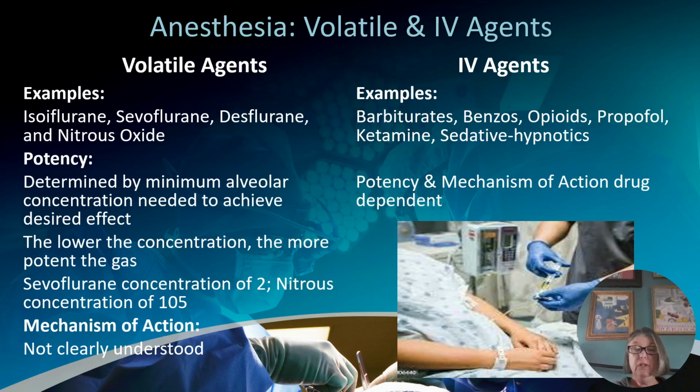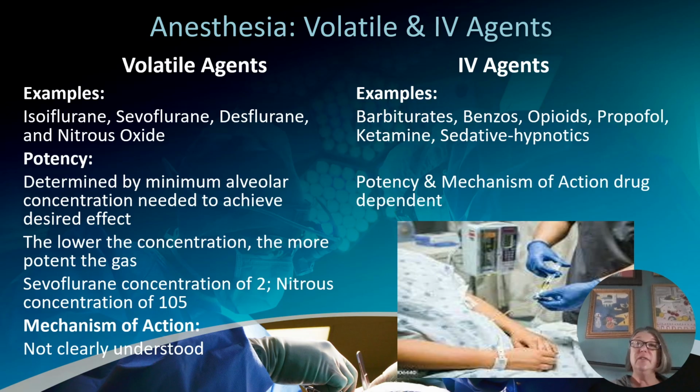What's interesting is that the potency of the gases is identified as the minimum alveolar concentration needed to achieve the desired effect. So what that means, okay, is the lower the concentration, the more potent the gas.